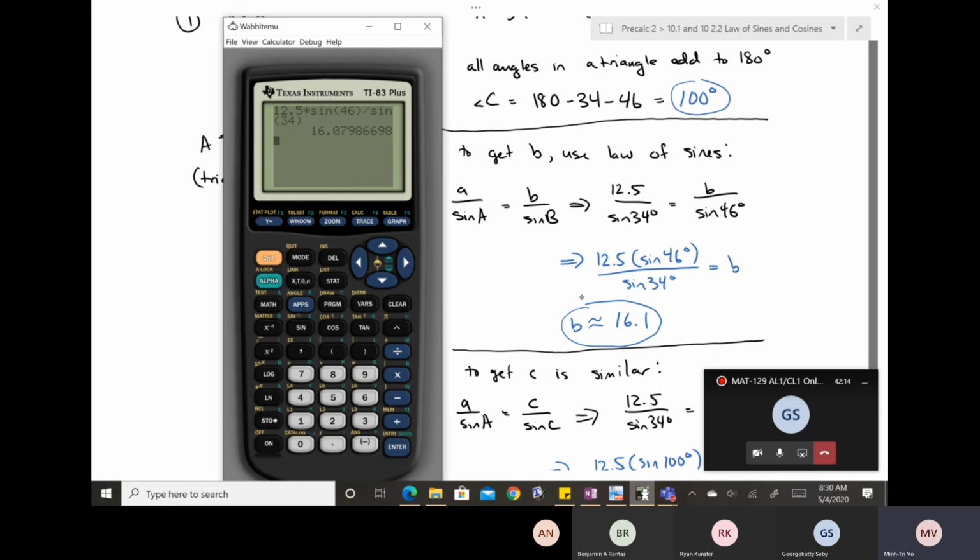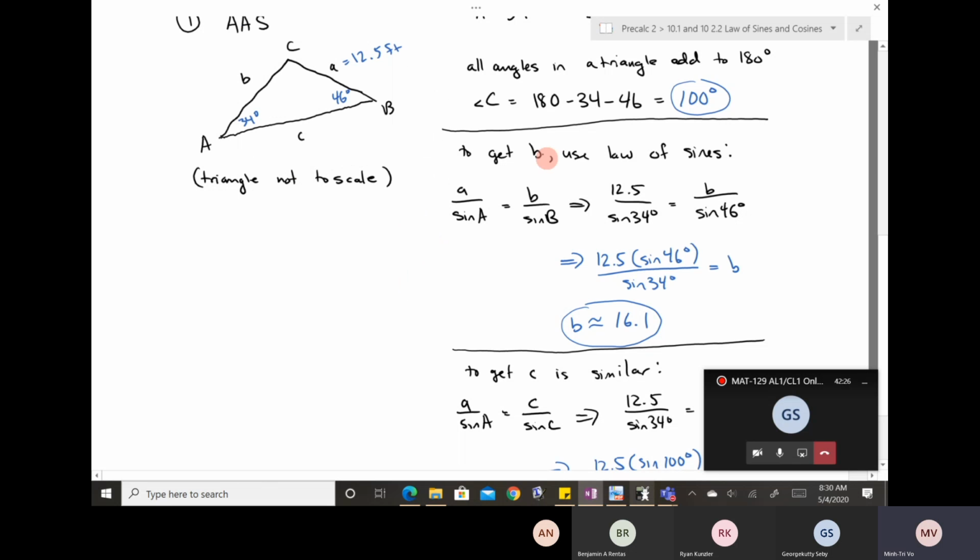You see I've rounded it to one decimal place, so the 7 makes it round up, and you get 16.1. So here we just use the law of sines to get B, and to get C, it's similar.